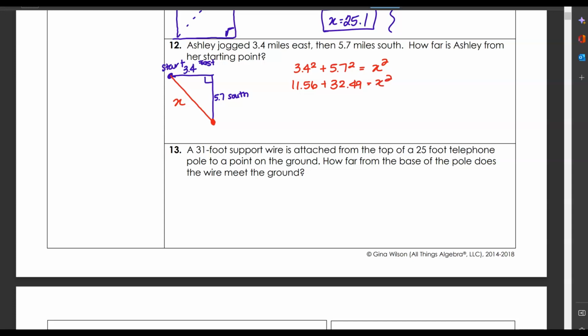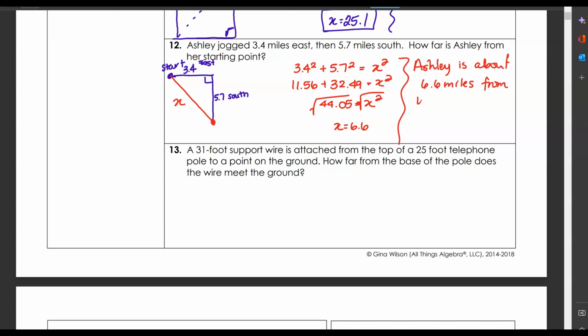We combine these two values for 44.05. That's going to equal our x squared, and then let's take the square root of both sides, and I end up with x is equal to 6.6. So in terms of our sentence, we would say that Ashley is about 6.6 miles from where she started.